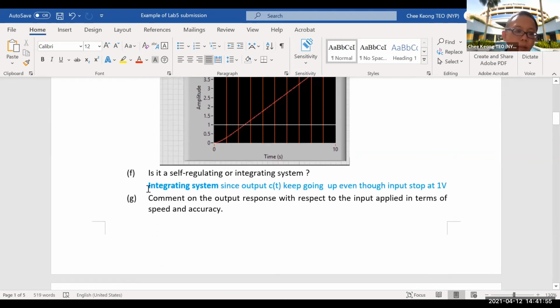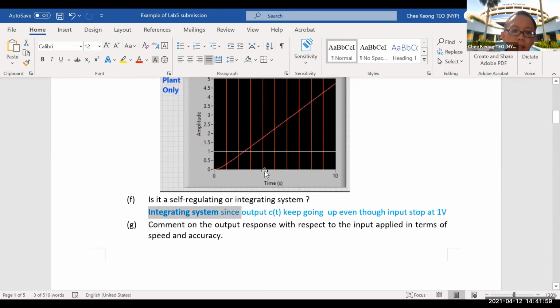Of course, for this case, it is an integrating system. Why? Because when the input already stopped at 1 volt, the output continues to rise, regardless of the input. So therefore, this is an integrating function.